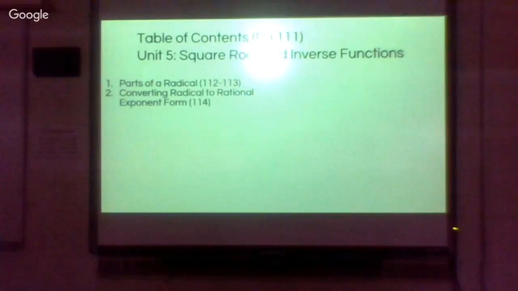Okay, on your table of contents, this is Unit 5, and the unit title is Square Root and Inverse Functions. On page 112 and 113, we're going to talk about the parts of a radical.